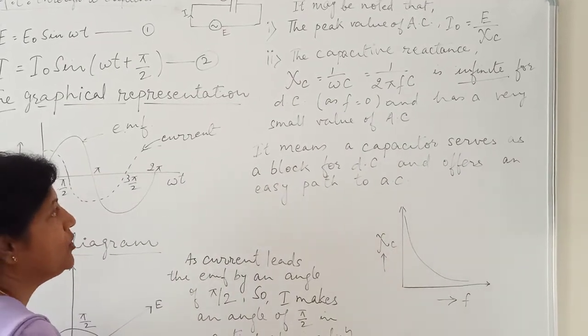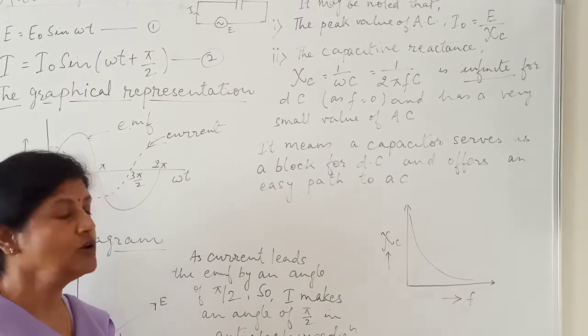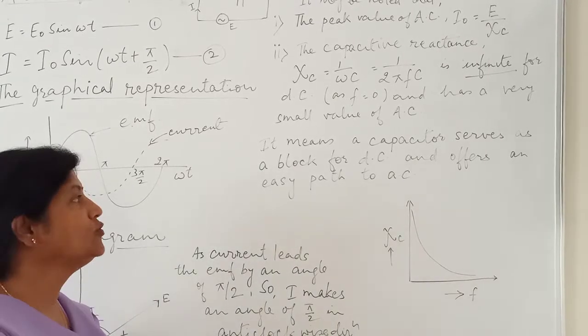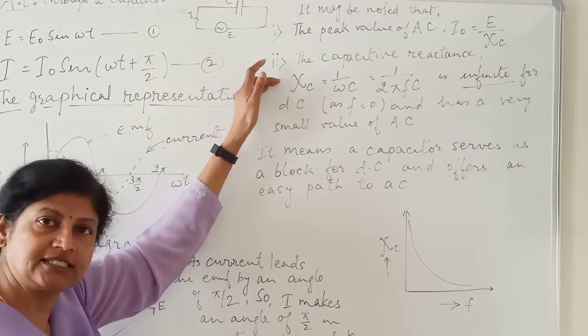And the value of frequency for AC is not 0. Therefore, for alternating current we get a small value of capacitive reactance.